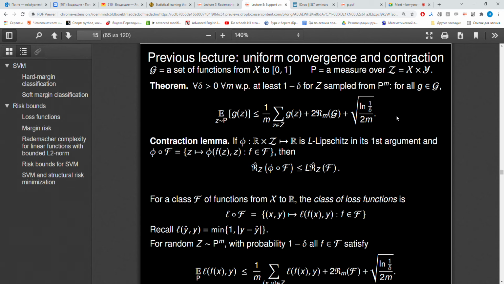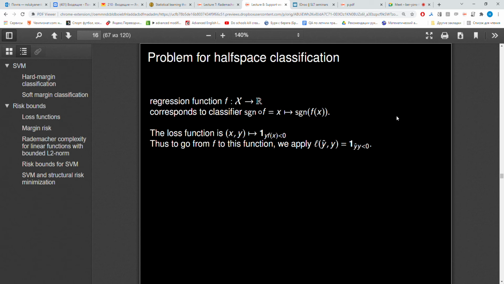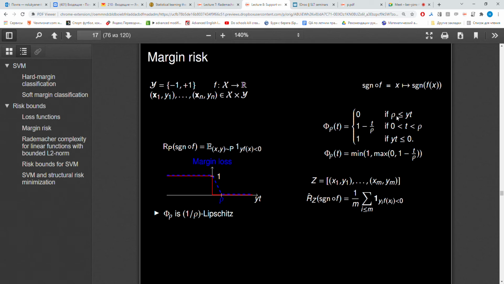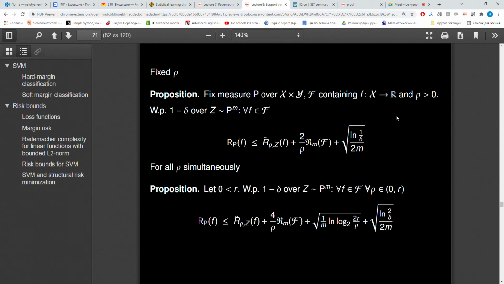It looks like we need to apply this inequality, which looks more like what we need.